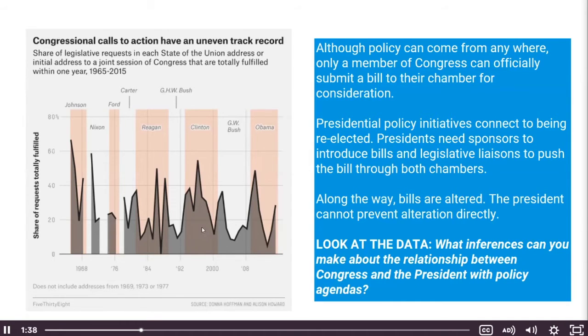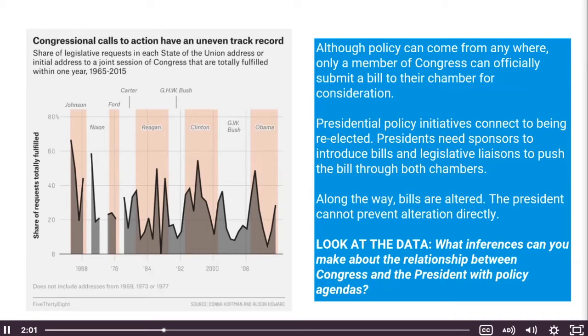And we can see that presidents a lot of times don't get what they want. We don't know from this graphic what the party makeup of Congress is, but just very, very interesting. And there are a lot of factors depending on who the president is and what kinds of things are going on in society at that time.